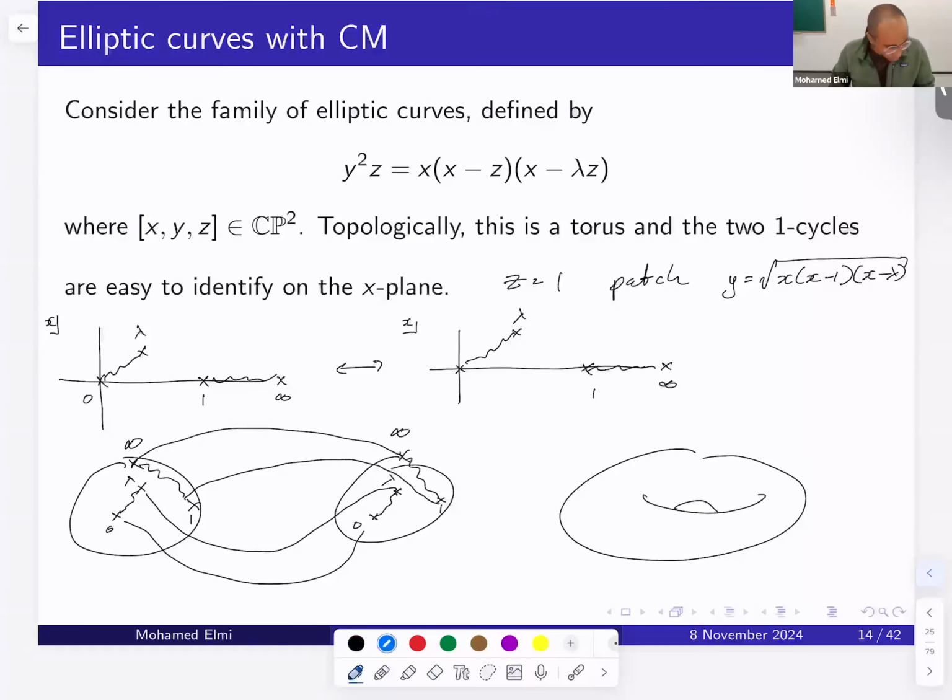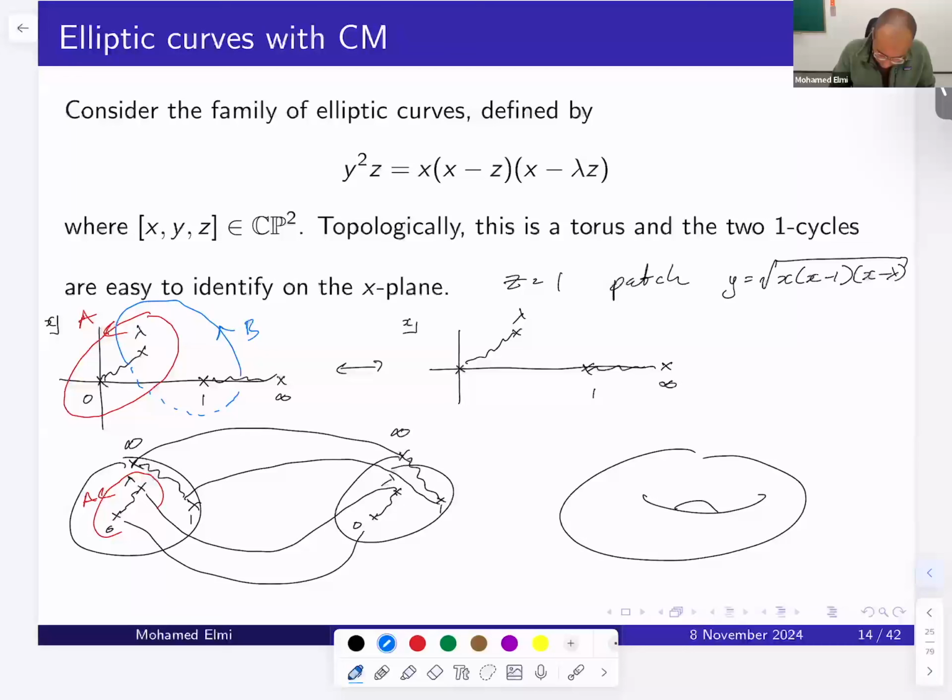And what's more, you can identify cycles on this picture. So you can have your A cycle here. And you can define a B cycle on this picture.